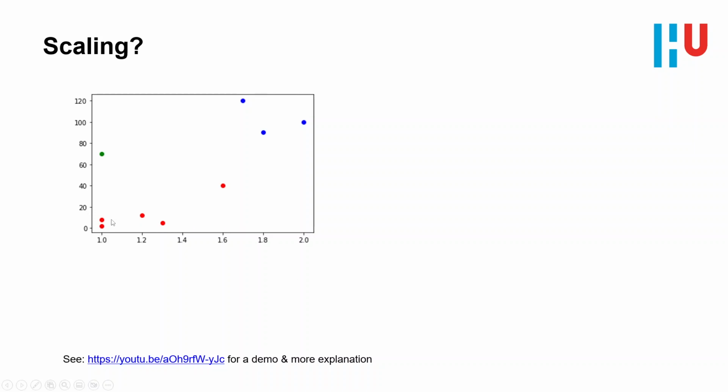When you look at these data points, these red ones and the blue ones, and we want to estimate where this green belongs to, then we would say this belongs to the red ones, right? Visually, we as humans would say this belongs to the red ones. But if we do the math, we have to look at the scale also.